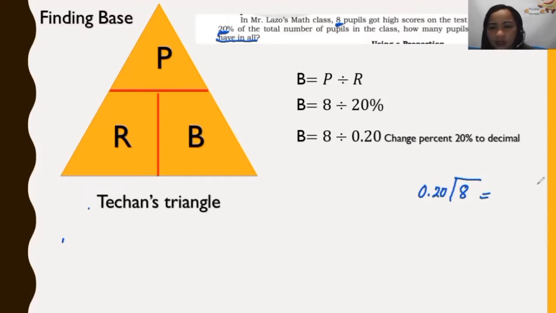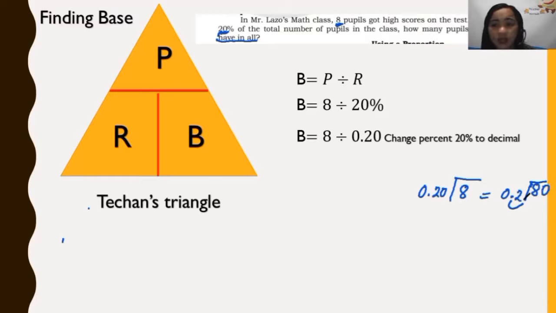That is 8 divided by 0.2. Now, if you recall how to divide a whole number by a decimal, first is to move the decimal point so it becomes a whole number. How many times did you move? One. So the whole number, you add one 0.